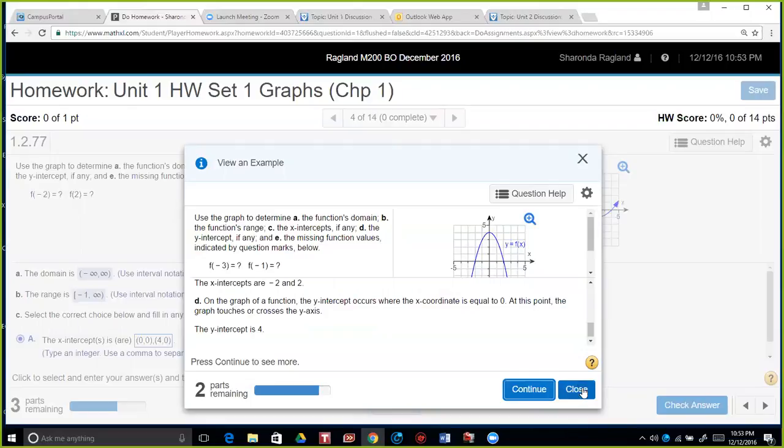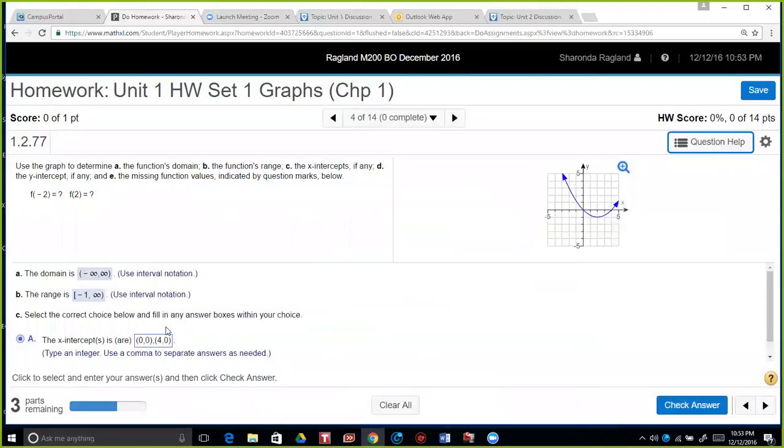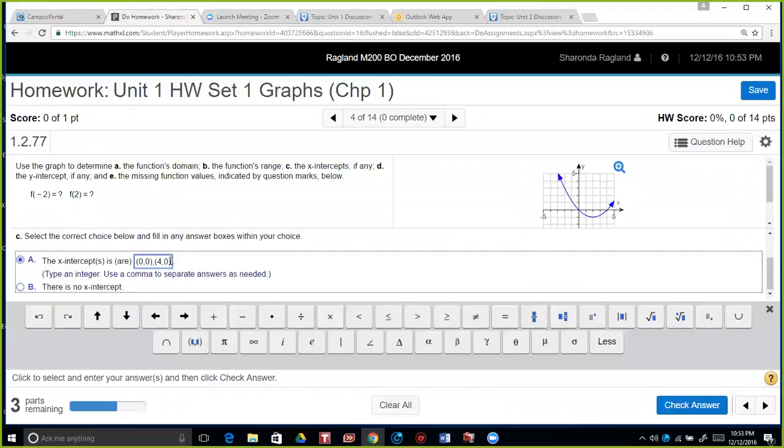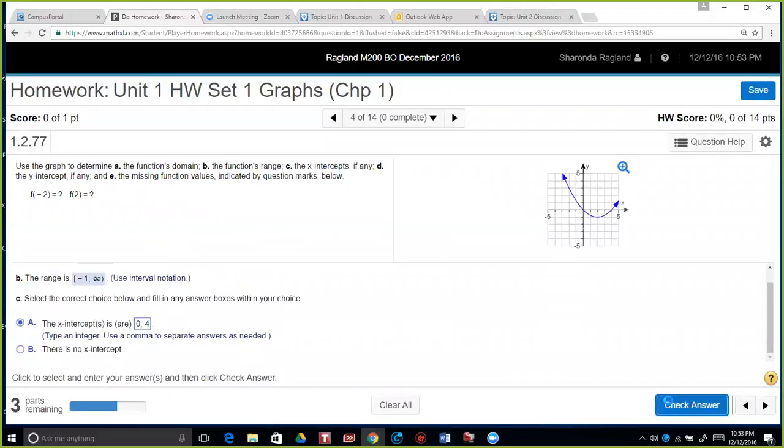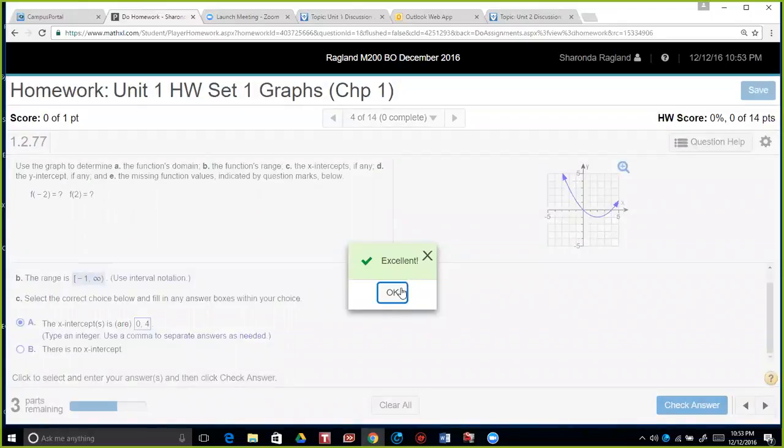So sometimes it helps to look at the example. So let's just type, because I wrote mine as a point, as an ordered pair. So they didn't want that. So we just have to write in 0 and then comma 4. And let's see if they'll take that. Very good. So that's what they wanted.